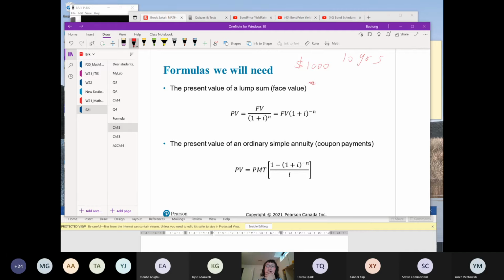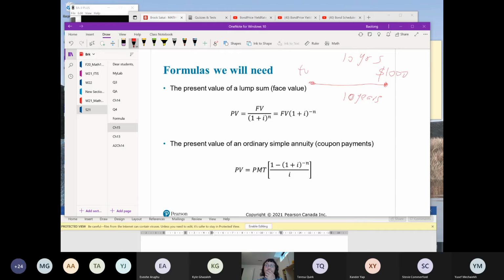So this is today, and this is 10 years. This $1,000 is actually referred to as the future value. After 10 years, if you bought the bond from the government, the government will pay you back after 10 years.